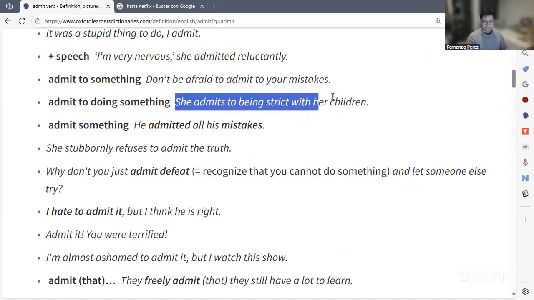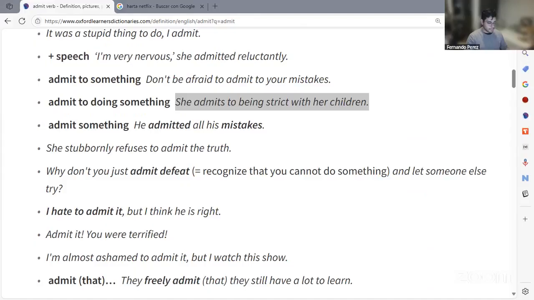Read this example. She admits to being strict. Oops. Admitting past. Admitted. Excellent. She admitted to being strict with her children. Perfect.